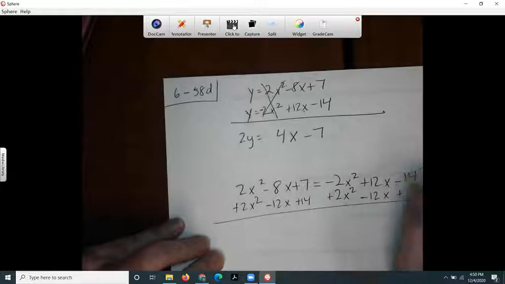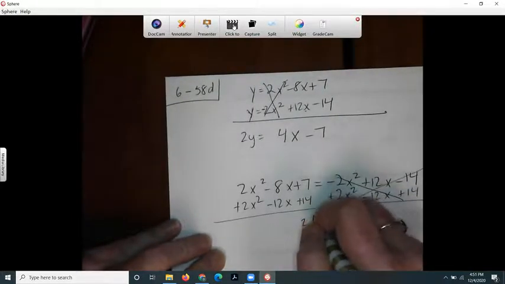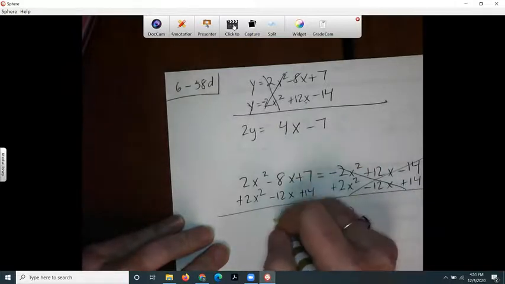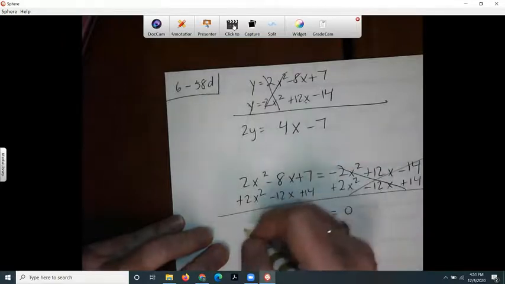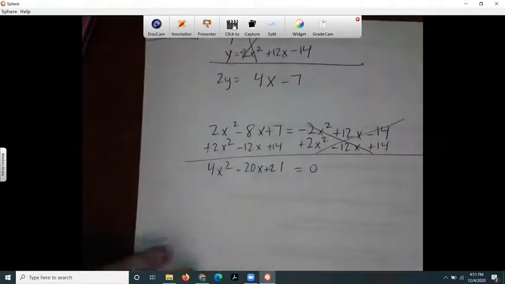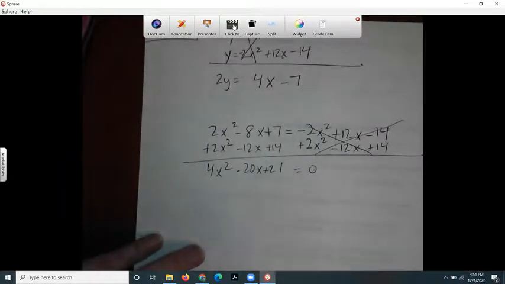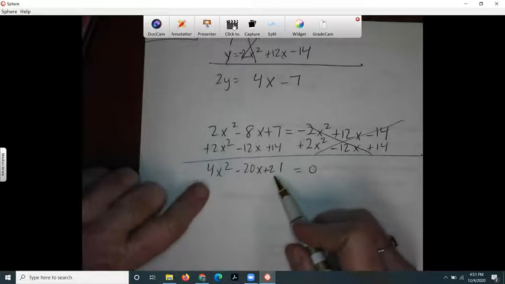These should all cancel out. So now I have a quadratic, and I could try to factor it.